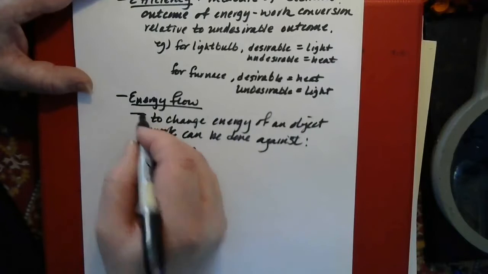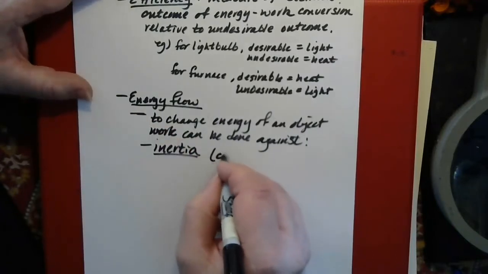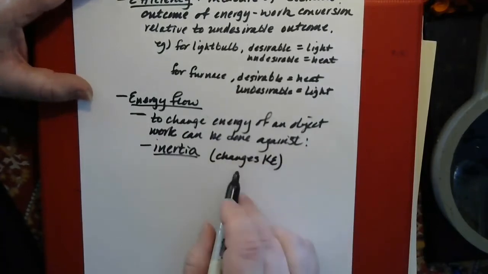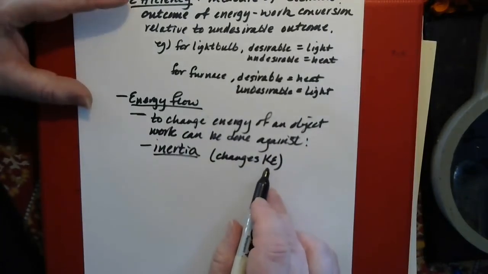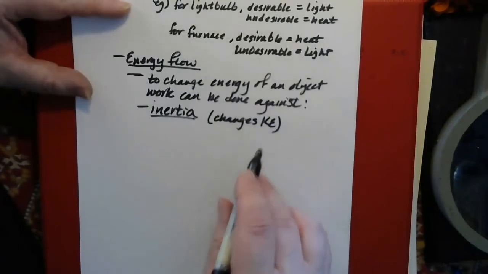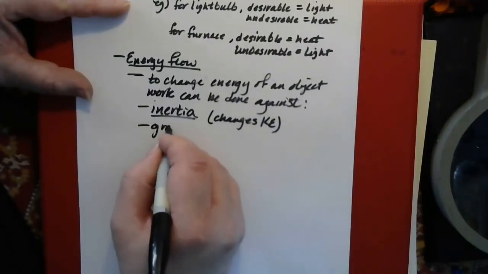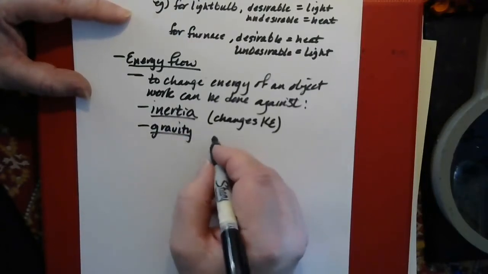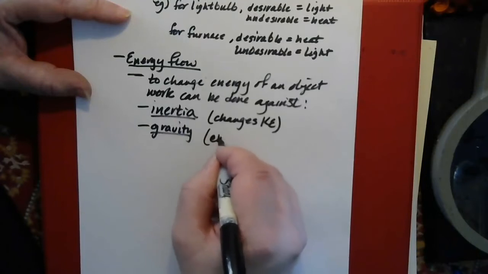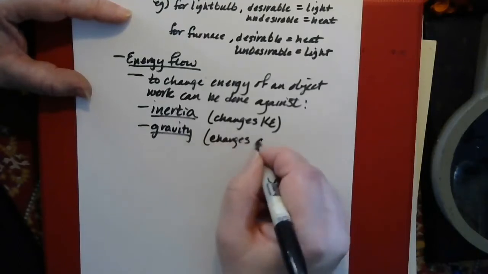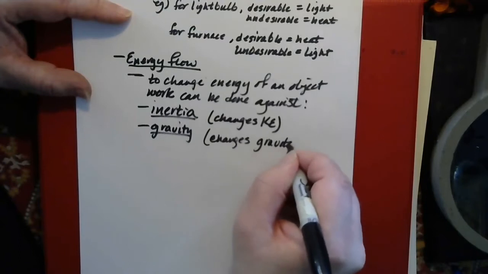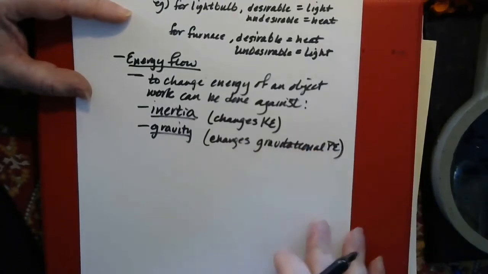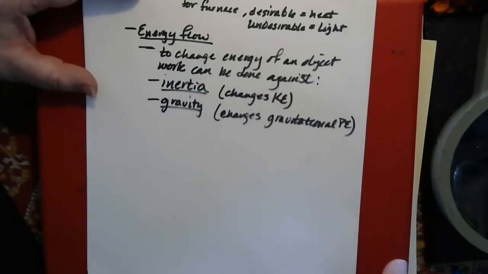One thing might be inertia. If you're doing work against inertia, you're changing the kinetic energy of the object. Another factor you might have to do work against is gravity. And that would change gravitational potential energy.